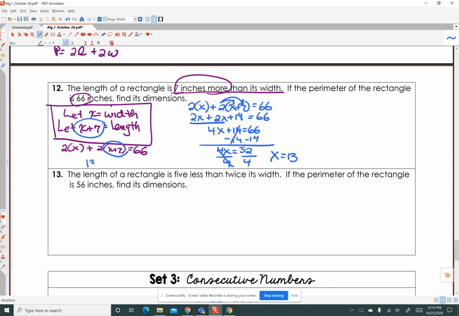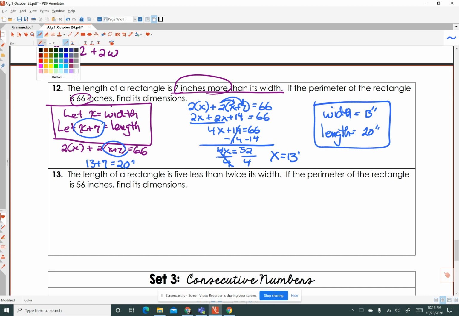So if x is 13, 13 plus 7 equals 20. And we're talking about inches. So our width is 13 inches. And our length is 20 inches. And that's a final answer.